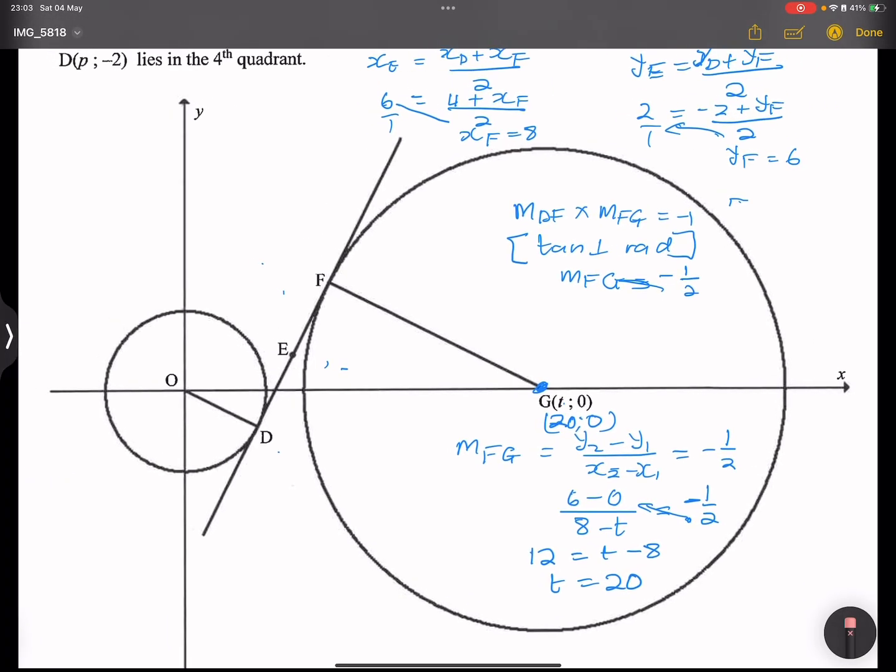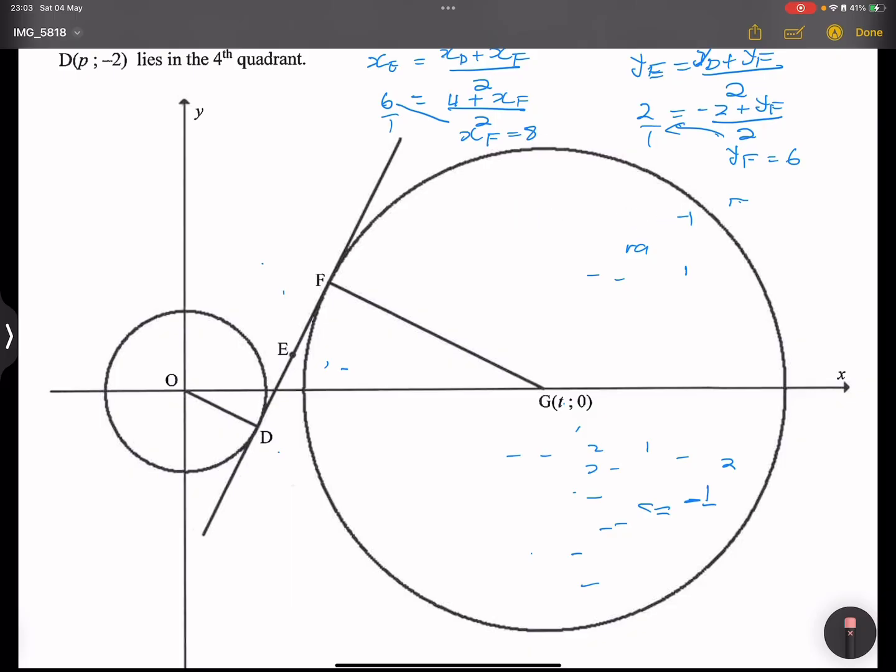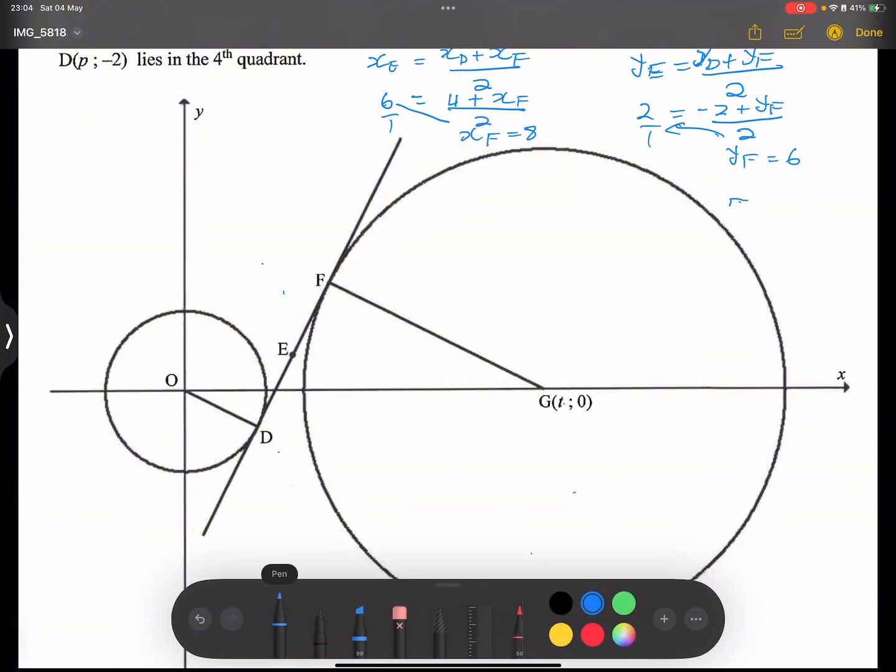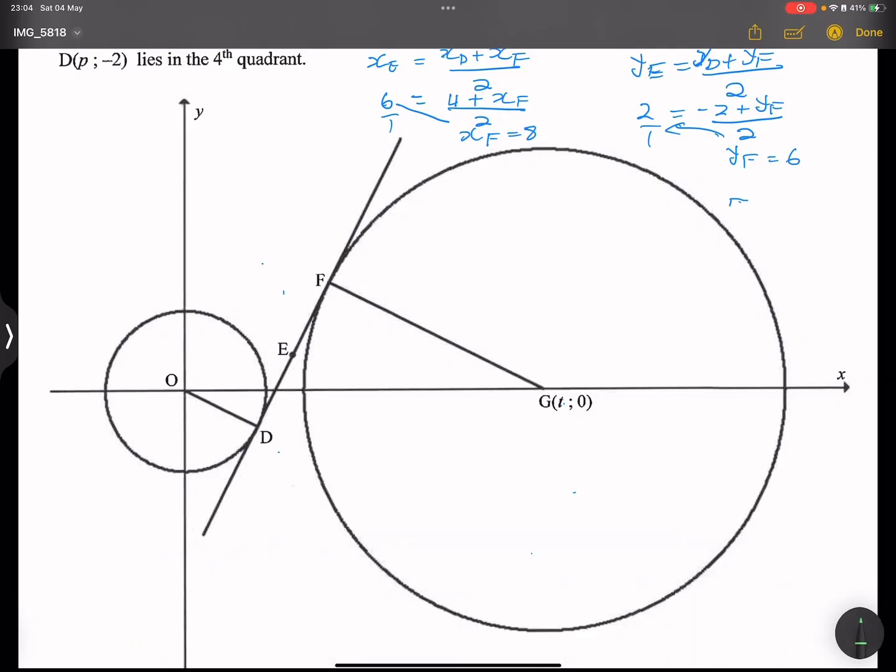I want us to look at this question together and consider the possibilities. They want the two circles to touch one another internally. So which means if I move the big circle, rather the small circle, by whatever units, I want the small circle to touch the big circle internally.